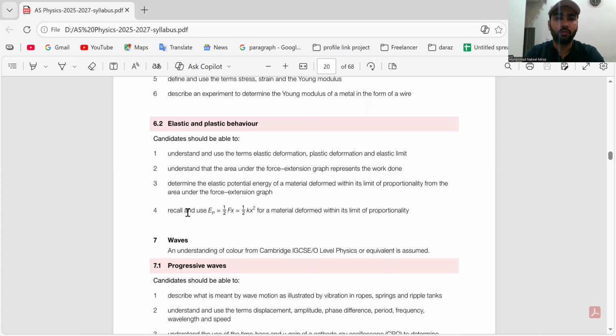After that, in point 4, recall and use elastic potential energy and its constant for the material, within its limit of proportionality.